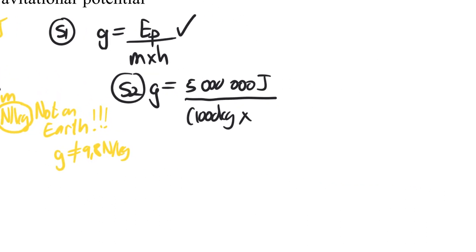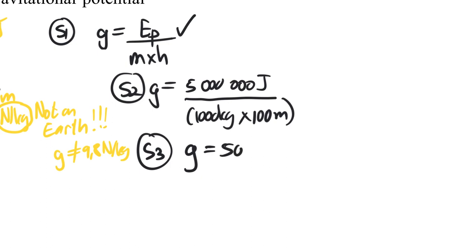So we're going to put in the 100 meters. And so when we do that, step number 3, we've got 5 million divided by 100,000, and that gives us that g is 50 newtons per kilogram.